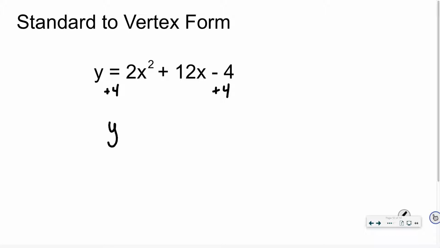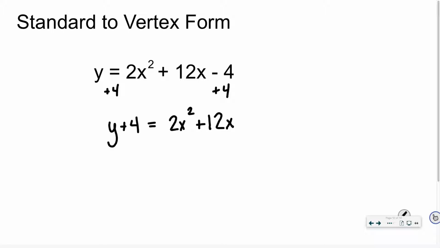And even in all the examples I see, they always have that C value go to the other side first. Now from here, here's the problem. Even if I left the 4, if I divided out by 2, I'd have to divide my y by 2, and I don't want that. So what's a way that I could get the 2 out from the x squared, but not have to divide it on both sides?